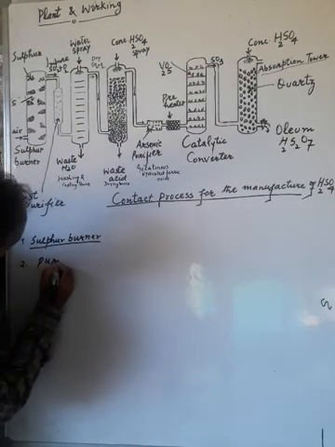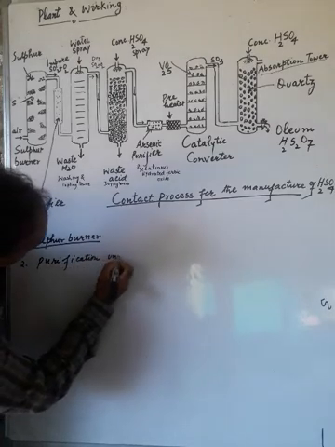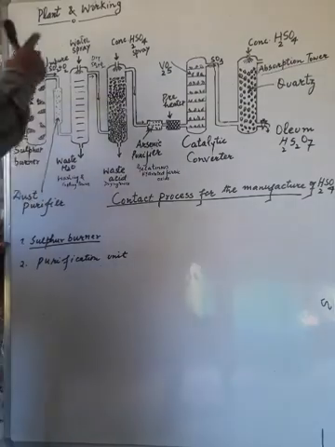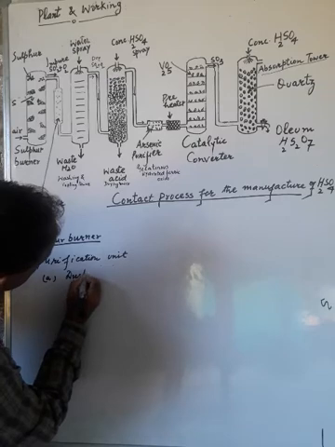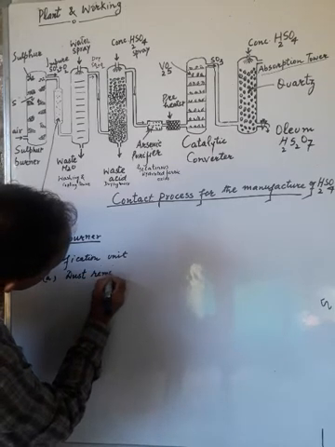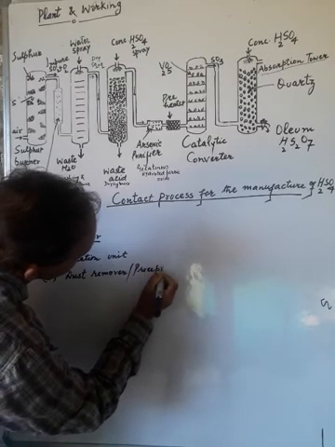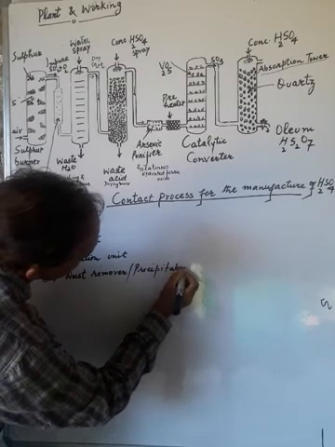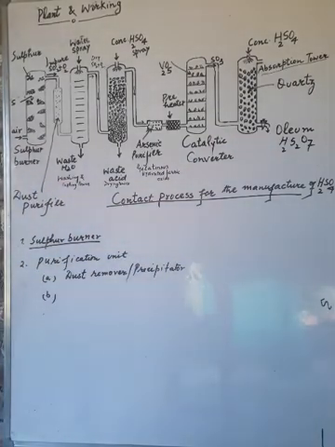the purification unit. It contains the following parts. Number one is the dust remover or precipitator. Number B, after the dust remover, is the scrubber or washer.